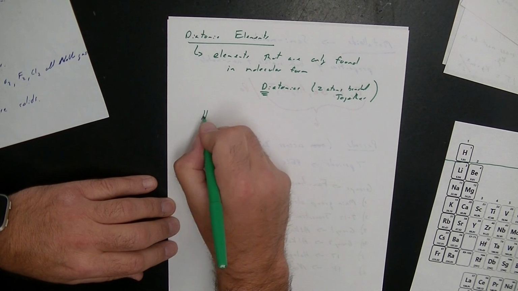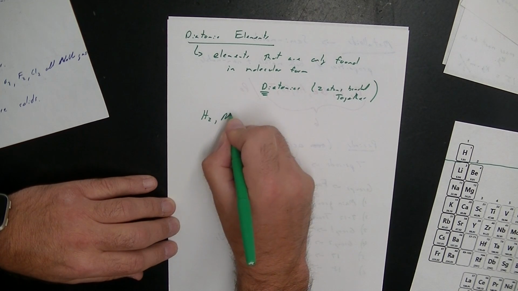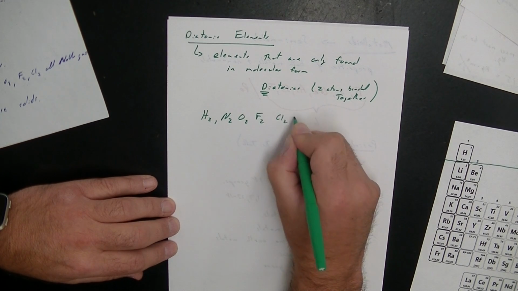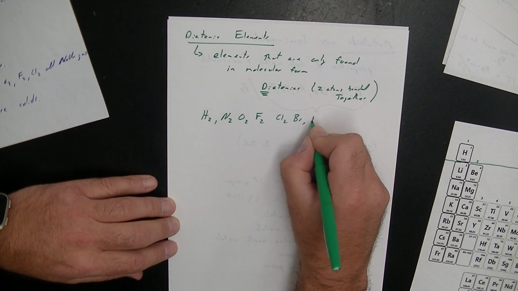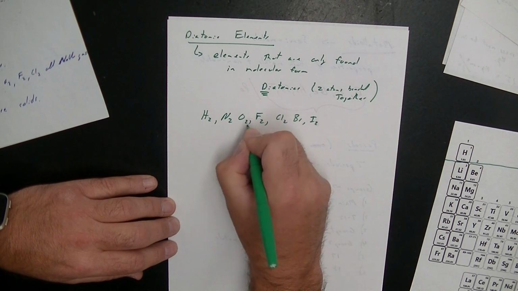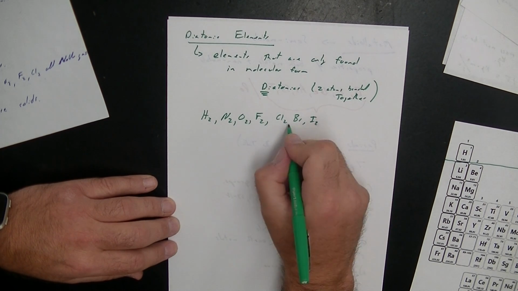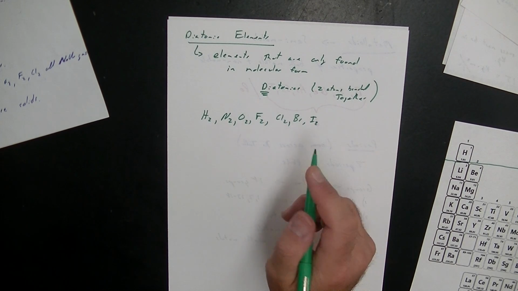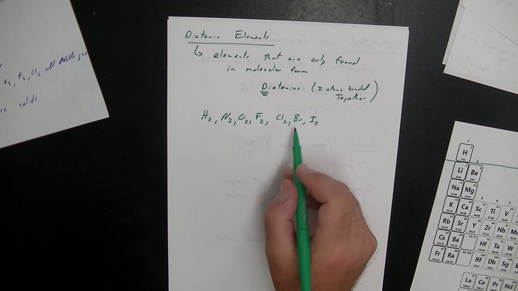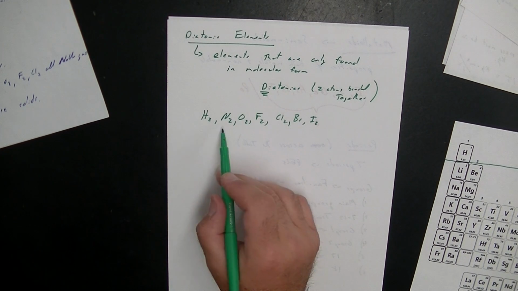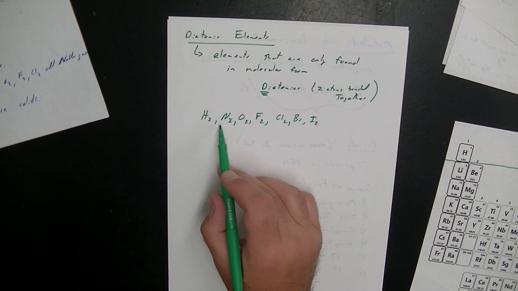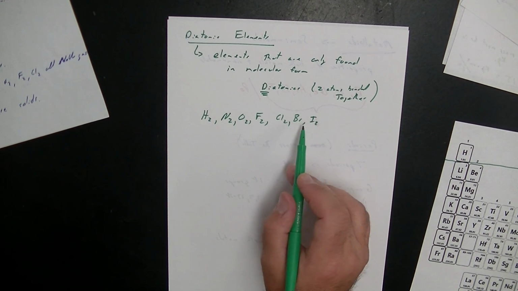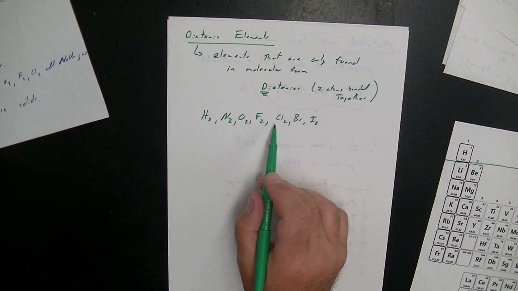So we have H2, N2, O2, F2, Cl2, Br2, and I2. These are our 7 diatomics. And you learn these. There are lots of different mnemonics. Hofbrinkel. If you rearrange it, there's Hof, B-R, Hofbrinkel.